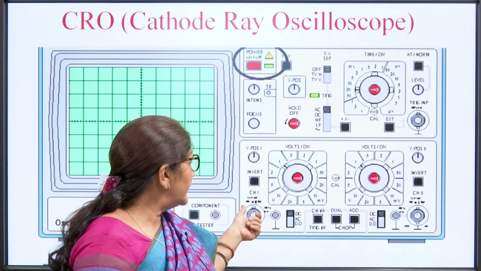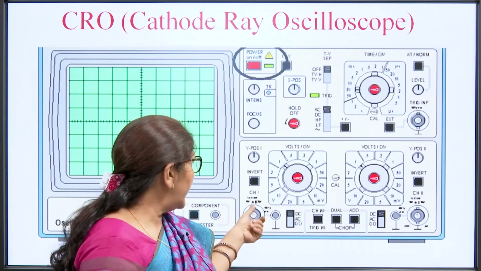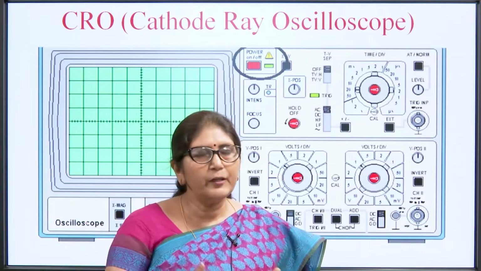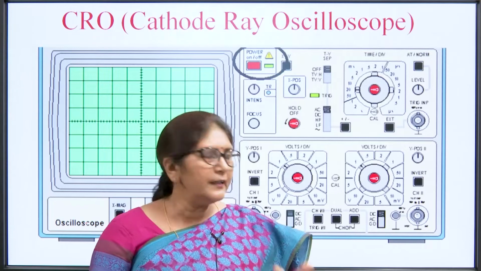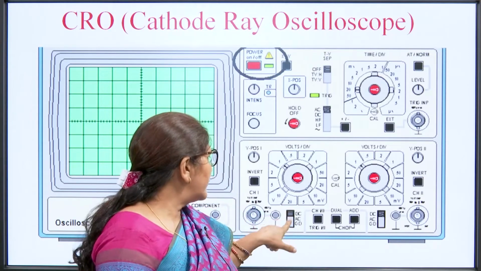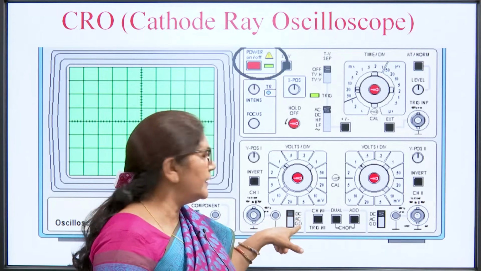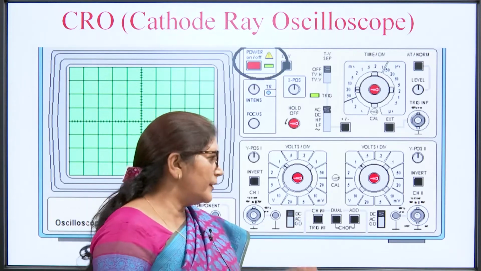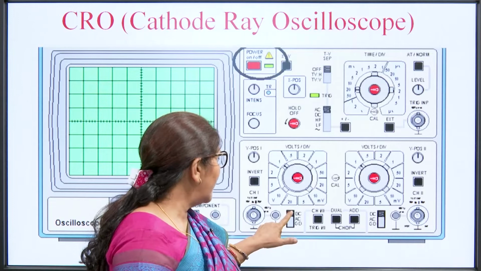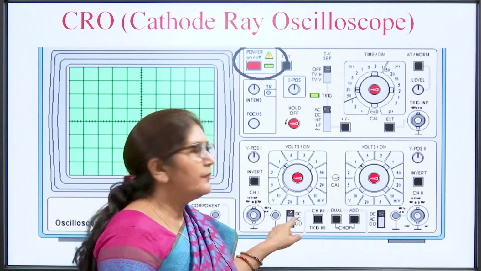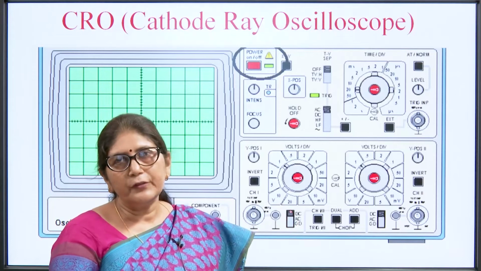We will connect the BNC probe at this point, and if we already know the signal is DC, then we set this switch. There is a switch which has 3 positions: DC, AC and ground. If the signal is DC, we will put this knob at the DC position. If the signal is AC, then we will put the knob at the AC position.